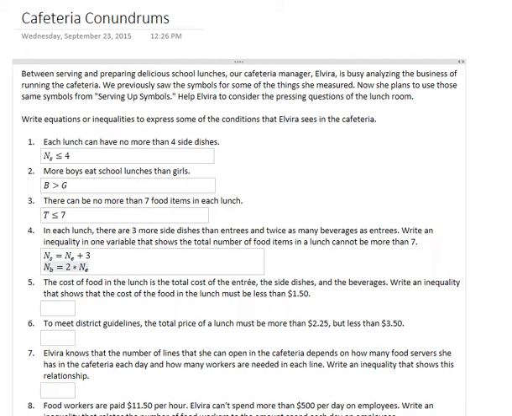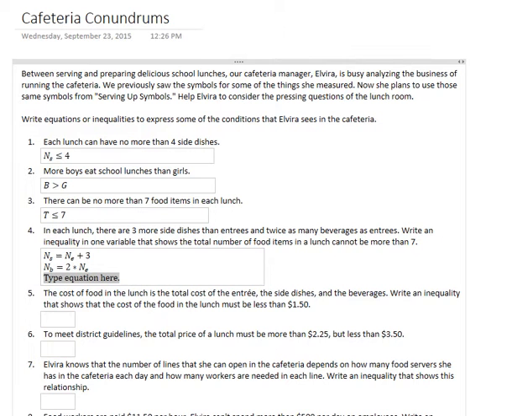We know that now. We need to write an inequality in one variable that shows the total number of food items in a lunch cannot be more than 7. Well, let's take apart the total number of food items for a second. I think that we can all agree that if I'm counting up the total number of food items in a lunch, that's the same thing as counting up the number of entrees, plus the number of beverages, plus the number of side dishes. And that number, when you add them all up, needs to be less than or equal to 7. It says that we want to do it in one variable.